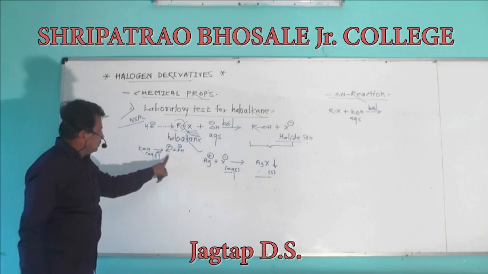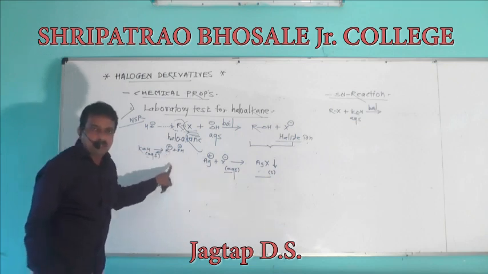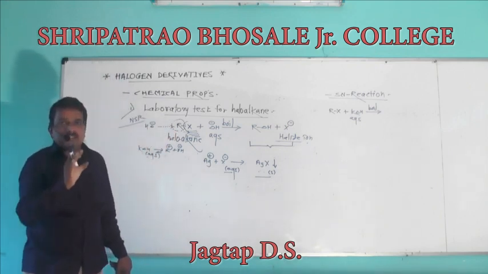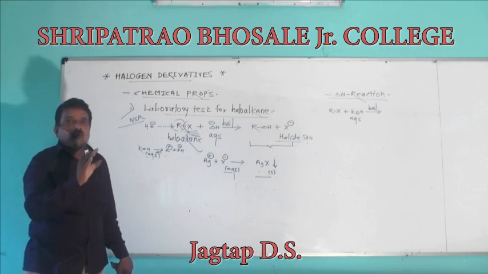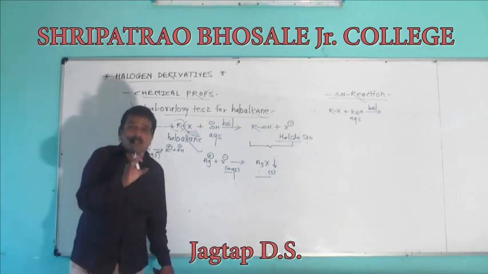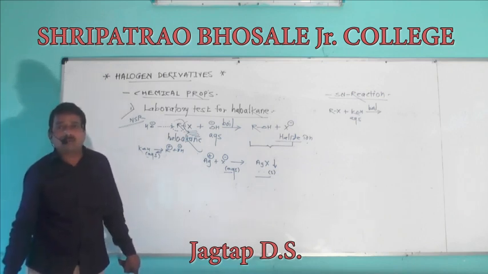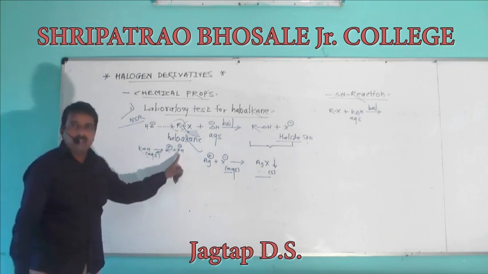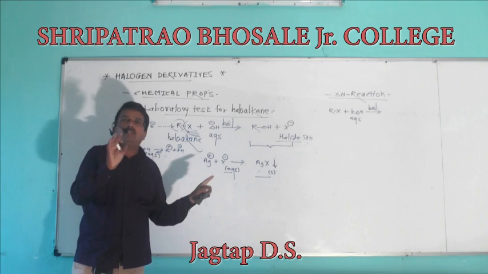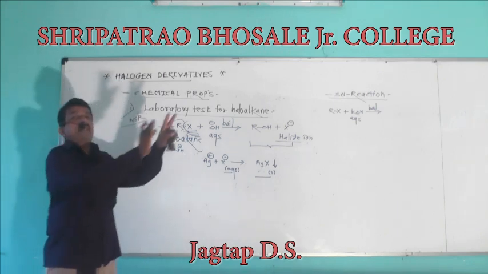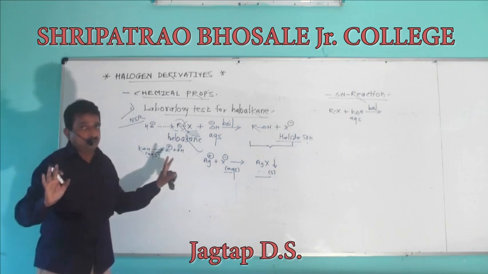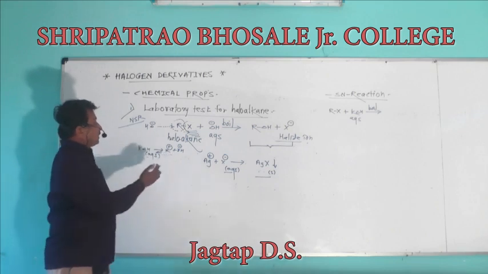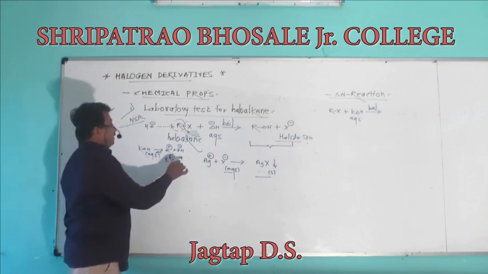K plus is an electrophile. Electrophiles are positively charged ions or neutral molecules containing electron deficient species, attracted towards electron rich species. Nucleophiles are negatively charged ions or neutral molecules containing an electron rich center, attracted towards an electron deficient center. So potassium hydroxide in aqueous medium ionizes to form an electrophile and a nucleophile.